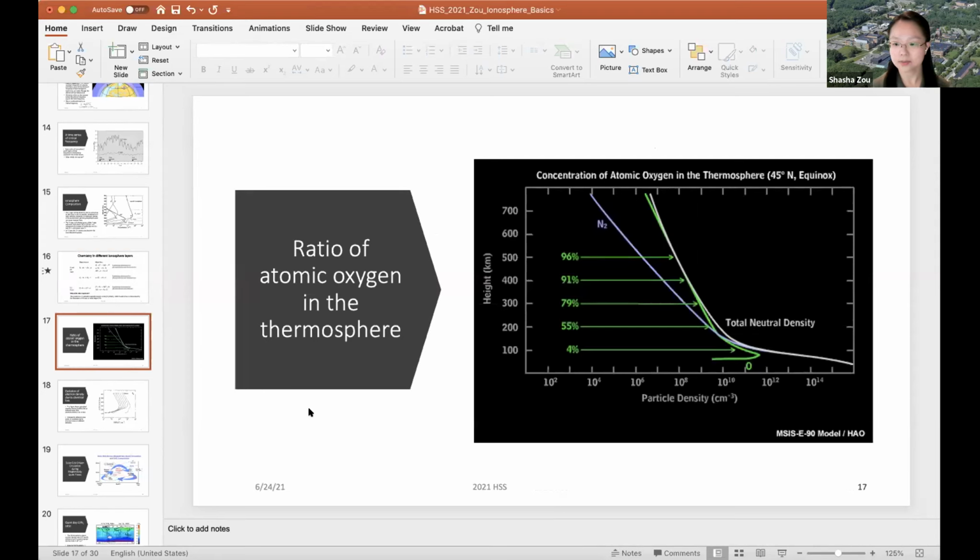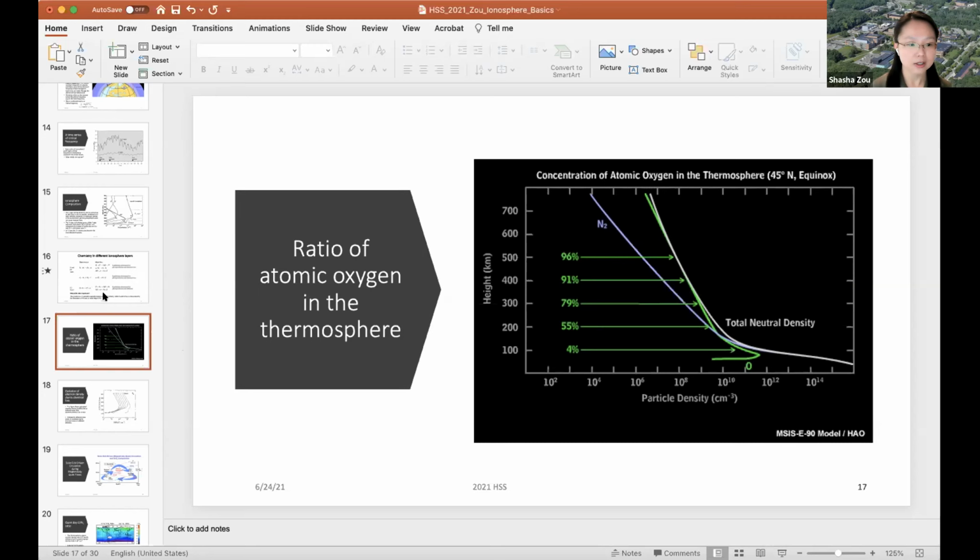Another thing that I just want to emphasize is the transition height between the atomic oxygen, that's the green line here, and the molecular nitrogen, since it's so important. Below roughly 170 kilometers, the N2 molecules are the dominant neutrals, and above that is the atomic oxygen.